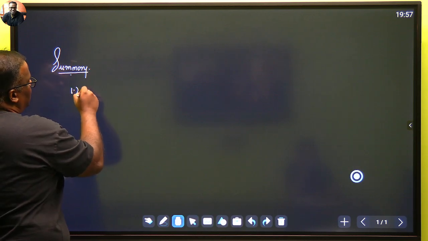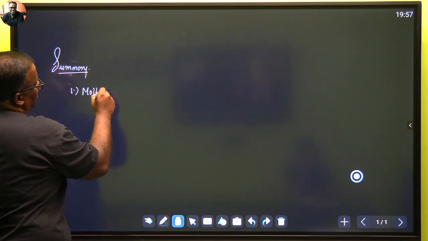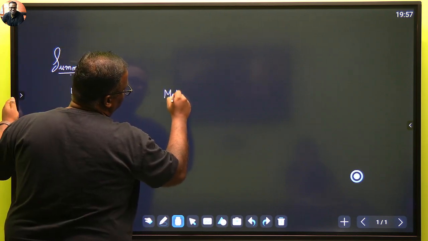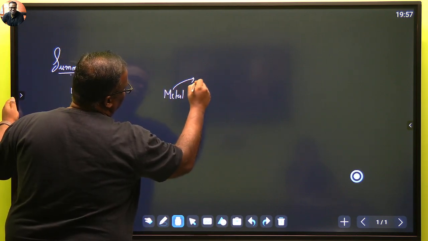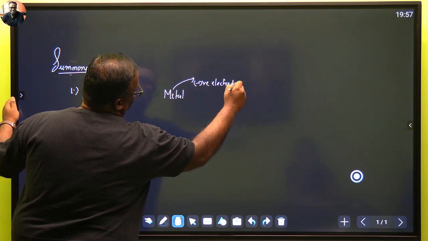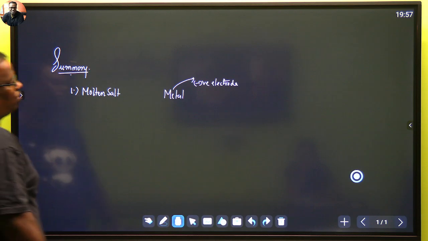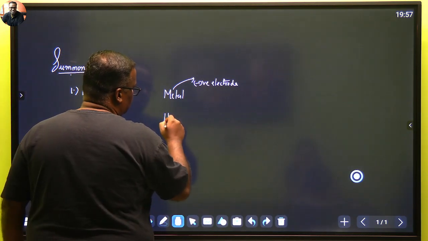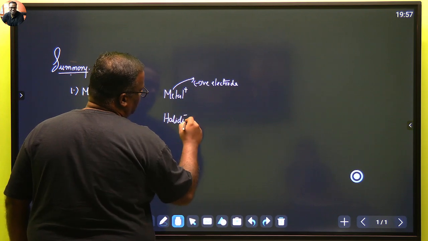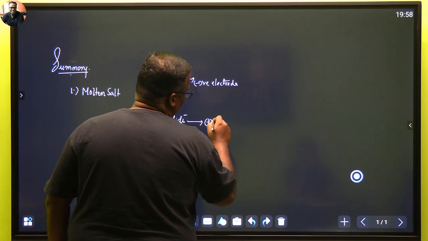If I am having molten salt, then the metal will always travel to the negative electrode. Metal will travel to the negative electrode, and the halide, the metal plus and the halide minus, will go to the positive electrode.